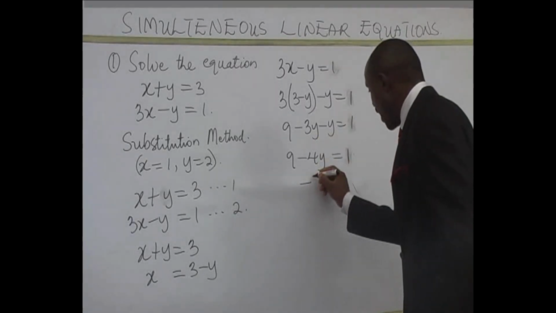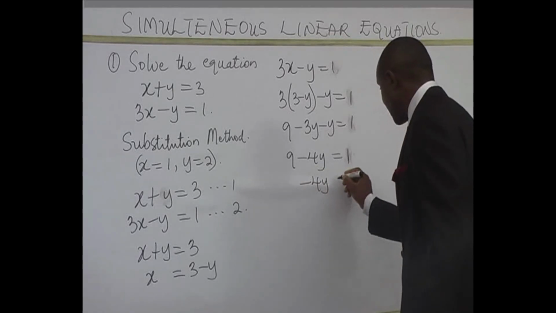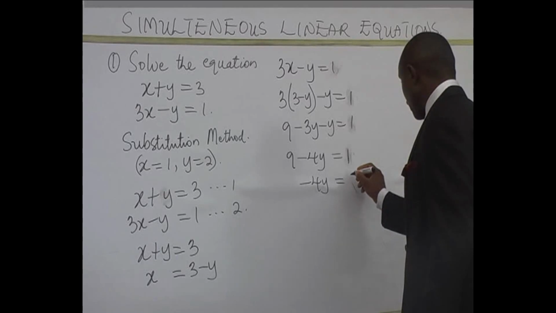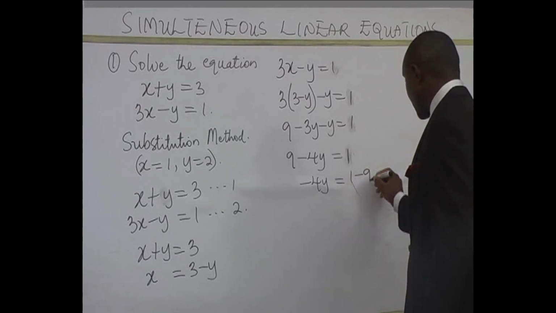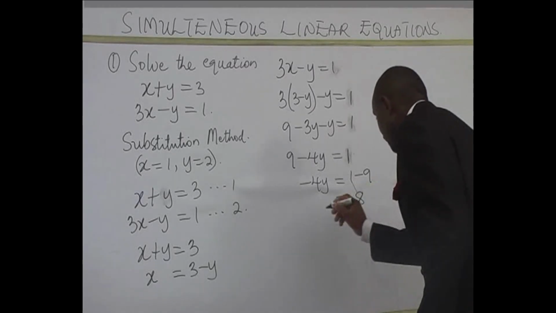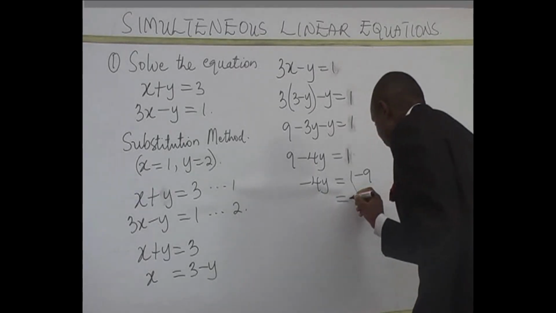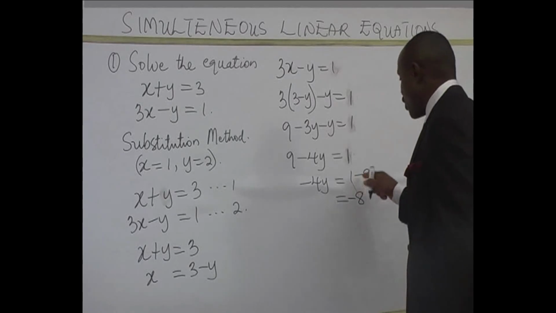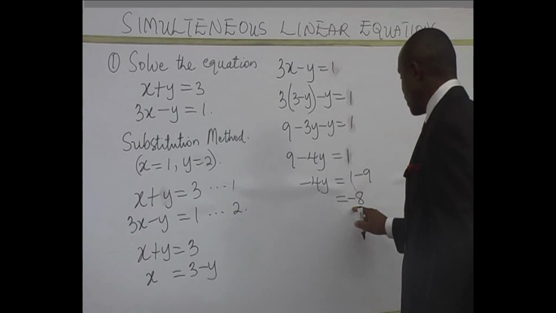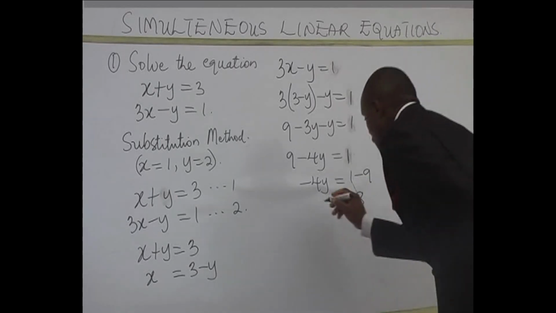You'll be left with minus 4y only in the left hand side, and it's going to be equal to 1 minus 9. 1 minus 9 is minus 8, because whatever value you have by subtracting 9 from 1 will be a negative. So we have minus 8.